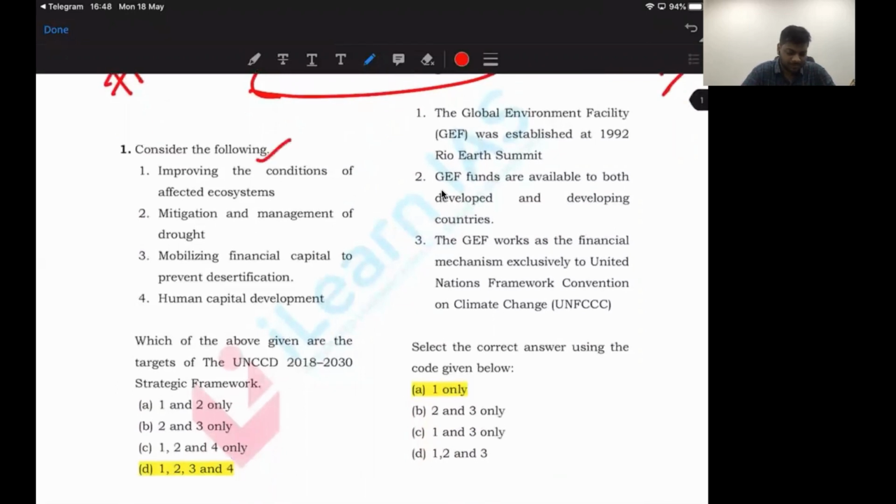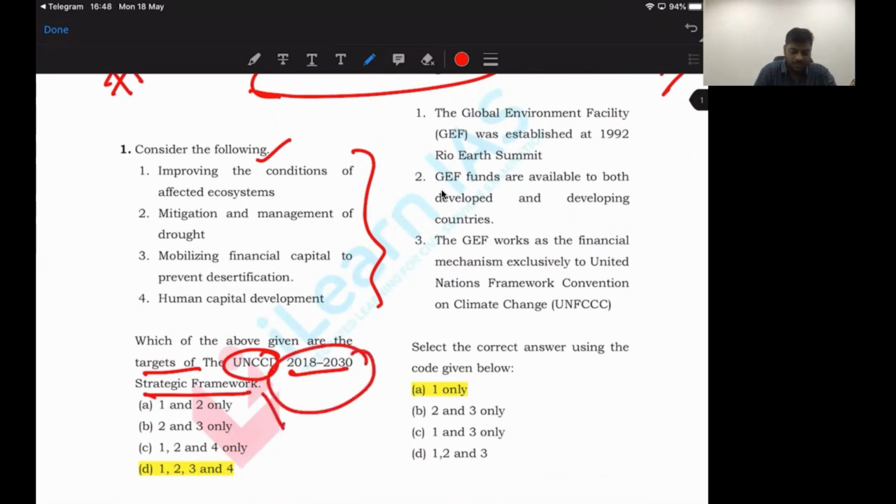Consider the following. Here you have been given 4 options. Which of the following are the targets of the UNCCD 2018-2030 strategic framework? UNCCD had come up with a strategic framework for 2018 to 2030 to achieve land degradation neutrality, simply to protect or prevent the degradation of land.